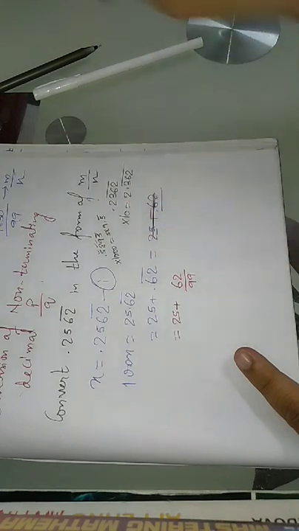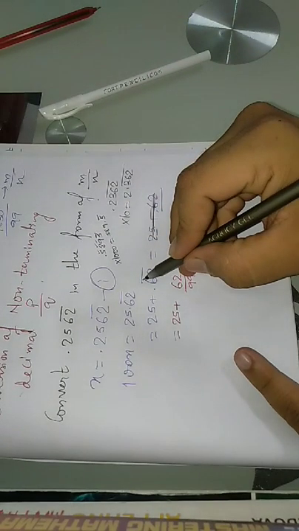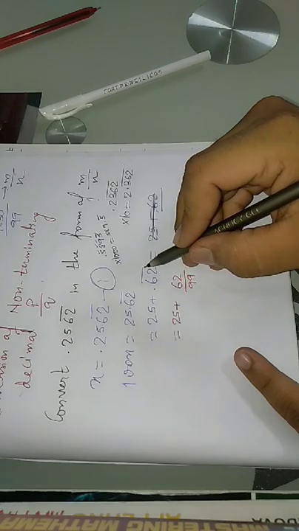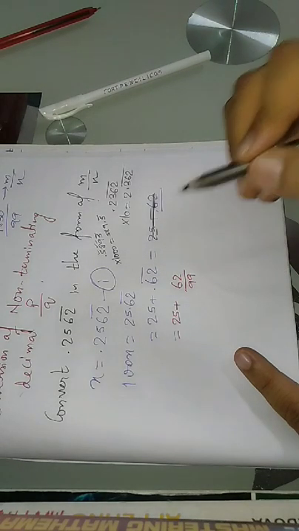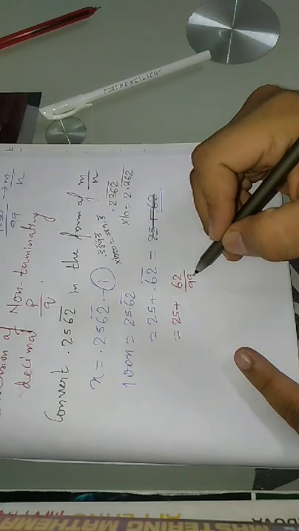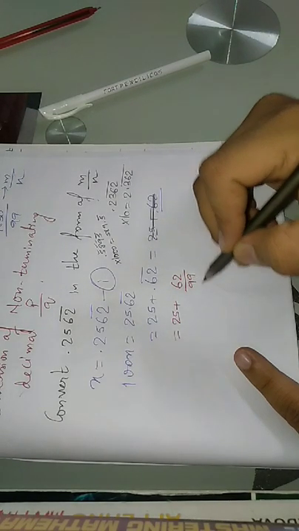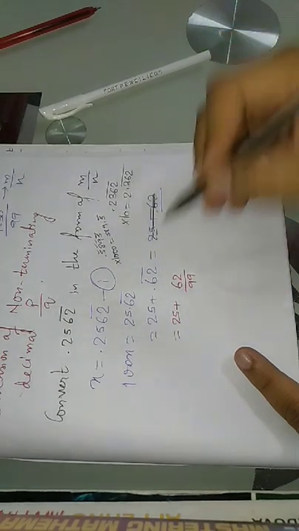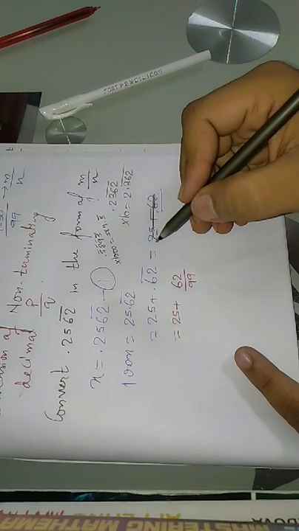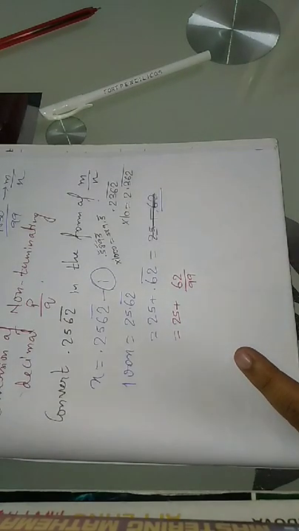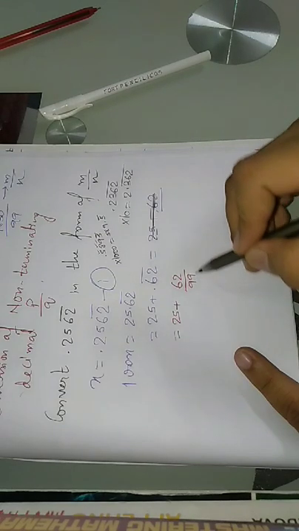Look, this is non-terminating and it's a repeating one. Whenever it's a repeating one, you simply cannot pull off the decimal and put down as many zeros as there are digits after the decimal. Suppose there are 5 digits after the decimal which are repeating, you just cannot write those 5 digits and then divide by 10,000.